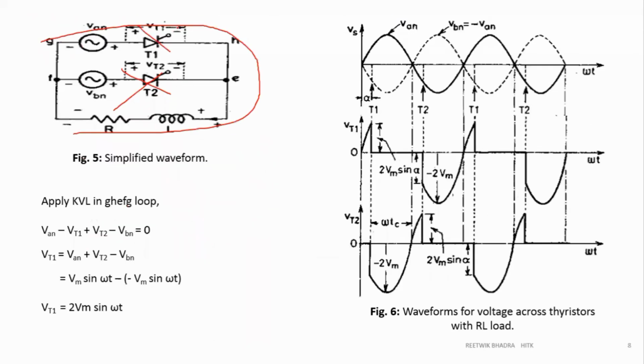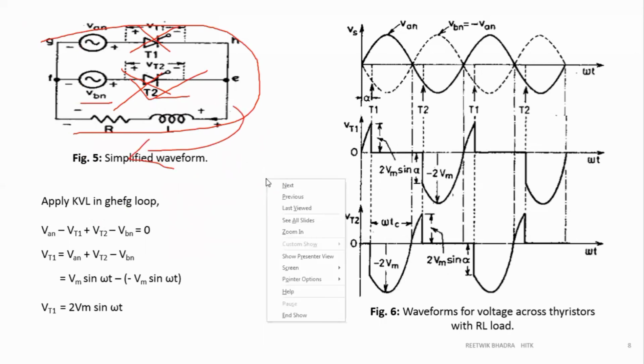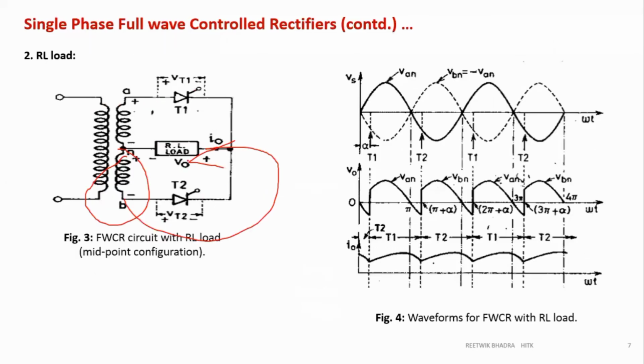So when T2 is on, T1 is off. Same figure, no need to worry. But this is a simplified diagram, so don't draw it in your exam copy. It's better to draw only the main diagram.